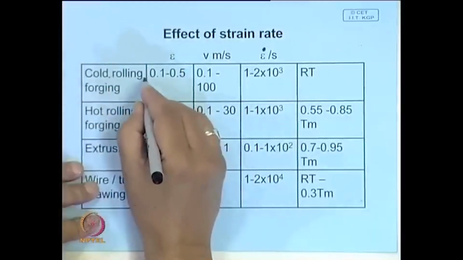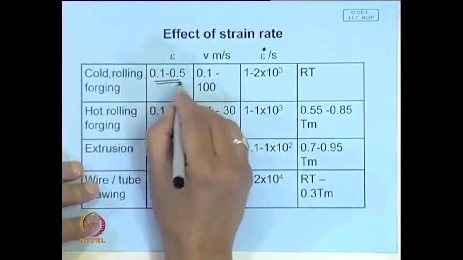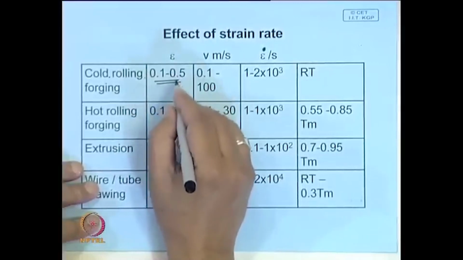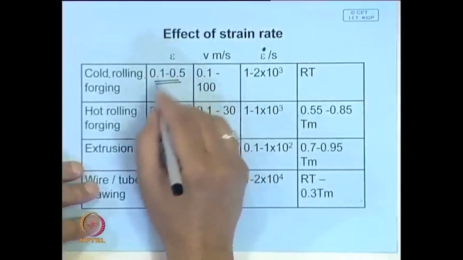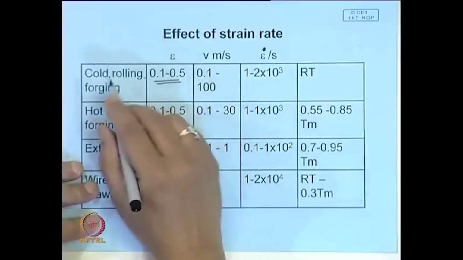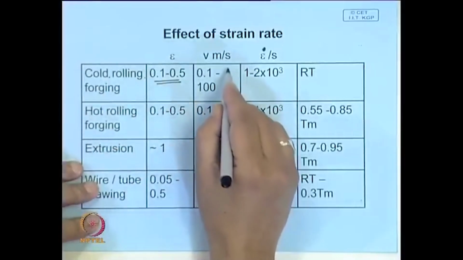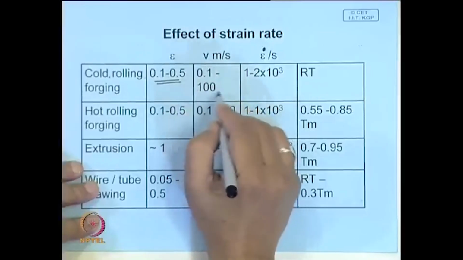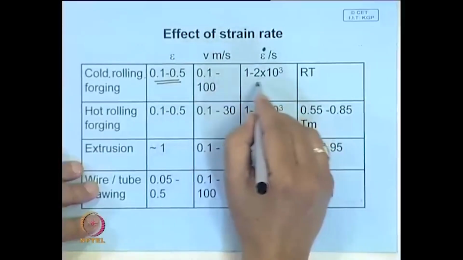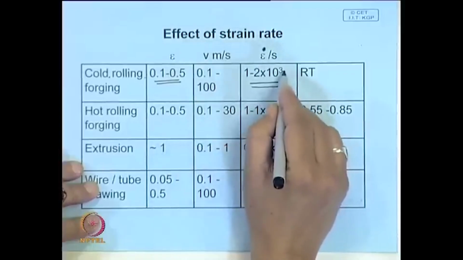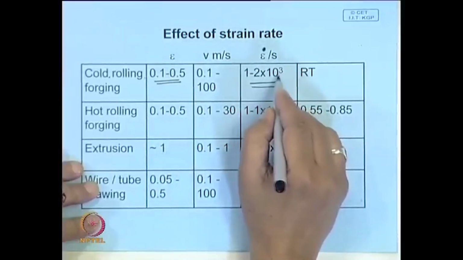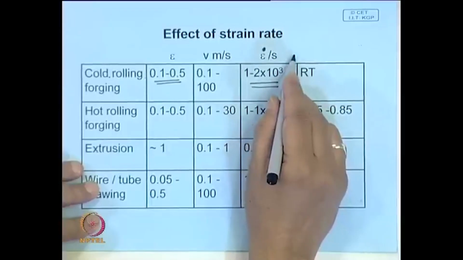So, this is around say 20-30% per pass, or around that kind of working is given in cold rolling, and this is the velocity at which the process takes place, and the strain rate is of the order of 10 to the power 3 per second.